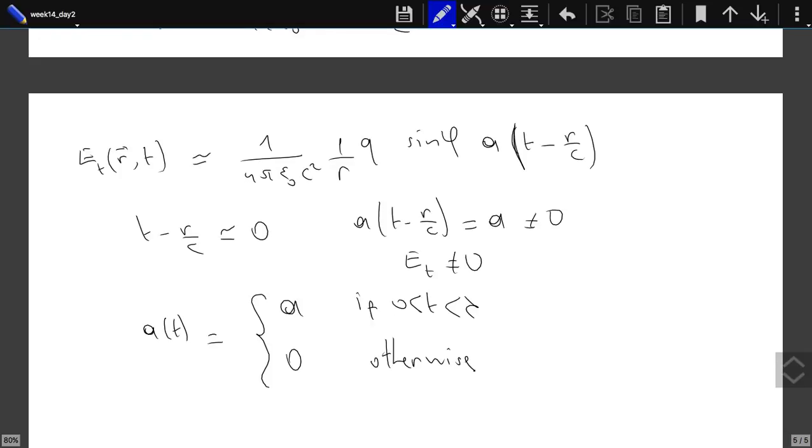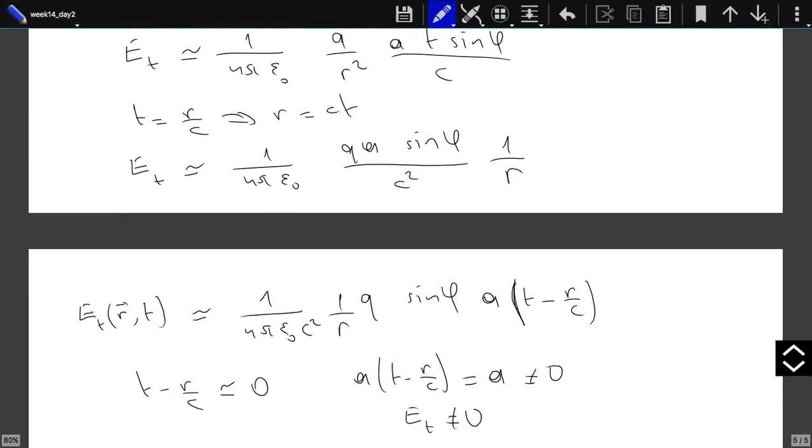Up to the previous line, we were only looking at a point in this shell where there's some radiation. This is the generalization of the same expression, but this time, r and t can be arbitrary points. This expression is equal to this one in my shell, and it is zero outside of my shell. That's basically what the tangential electric field is.